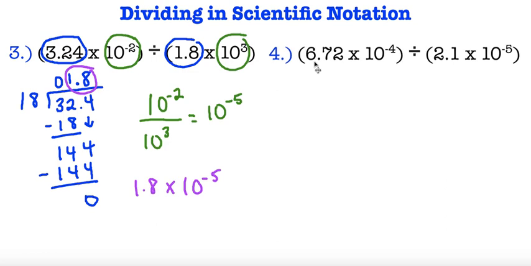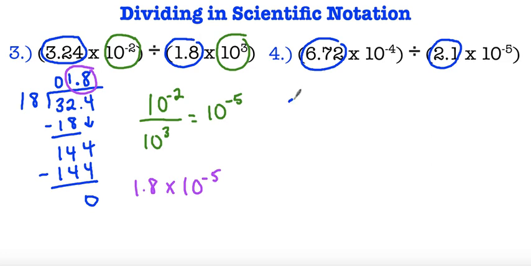For number 4, we're going to do the same thing. Going to divide these first. And remember that here I can't have a decimal, so I'm going to move the decimal place to the right once.